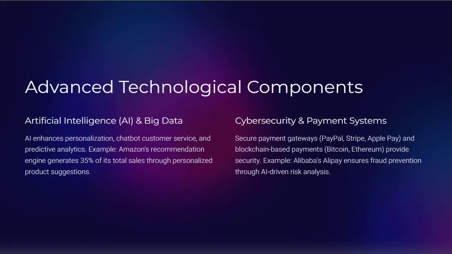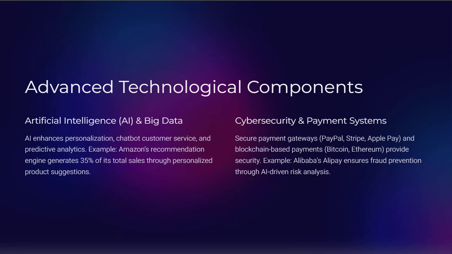Advanced technological components include AI, big data, cybersecurity, and payments. AI and big data are transforming how businesses personalize experiences and leverage predictive analysis. For example, Amazon's recommendation engine generates 35% of its total sales through personalized product suggestions.